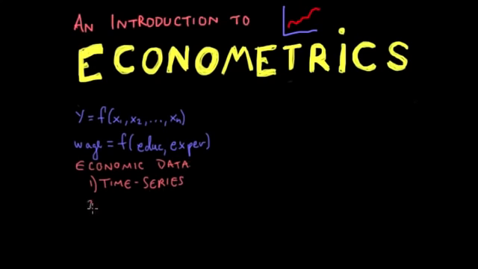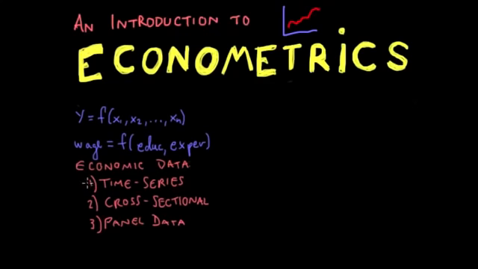The second would be called cross-sectional. And you might have heard these before in an econometrics class or a statistics class. The third is called panel data, which is the hardest to deal with, but we will get into that later.